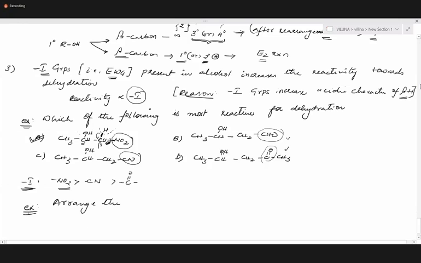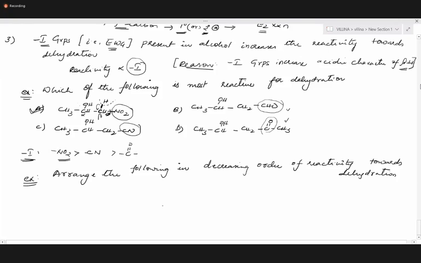Arrange the following in decreasing order of reactivity towards dehydration. Here, the same nitro group is present, and we have to consider different carbon atoms.